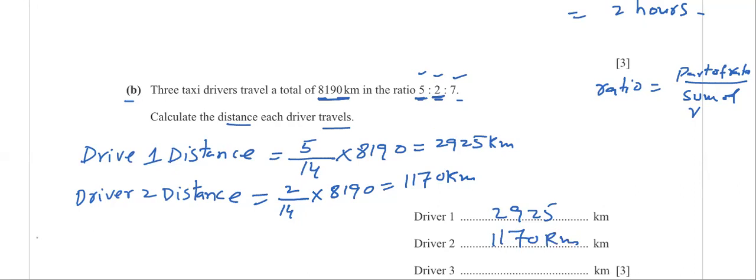Now for driver number three, the ratio of that driver divided by sum of ratios multiplied by total distance.